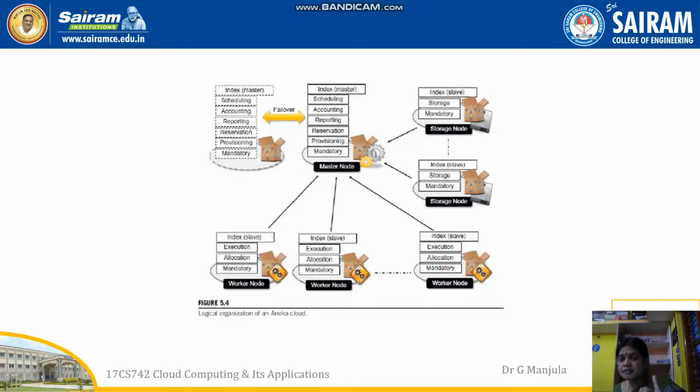It contains an index table, some storage, and also scheduling, accounting, reporting, reservation, provisioning, many categories and parameters for fetching the data. That talks about your SQL, how you are going to access the data, how you are going to join the dependency behavior, all those things. So this talks about an index page, or an index table.